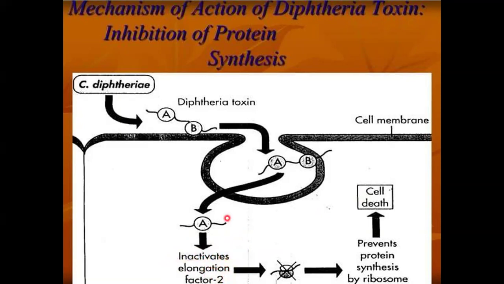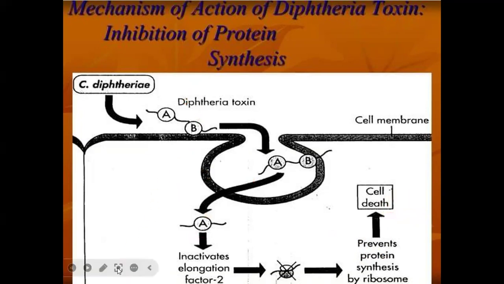So what happens is this toxin is going to come. So here's the diphtheria toxin. It's going to enter the cell. It's going to inactivate this process. Once inactivation happens here, no protein synthesis is going to happen because this elongation factor 2 is required for protein synthesis. But when we block here, no protein synthesis is going to happen. And once that happens, it is going to cause cell death because no proteins will be produced.